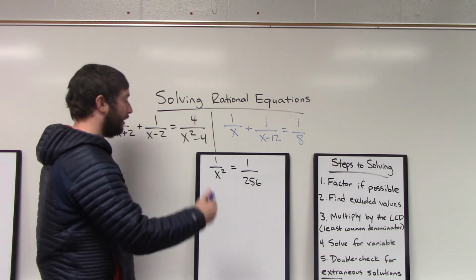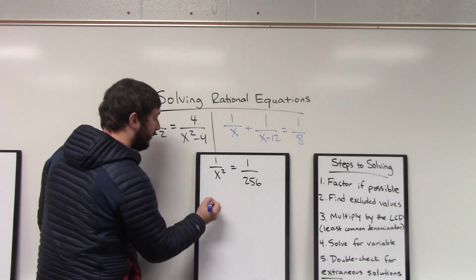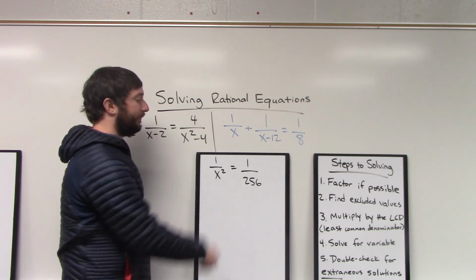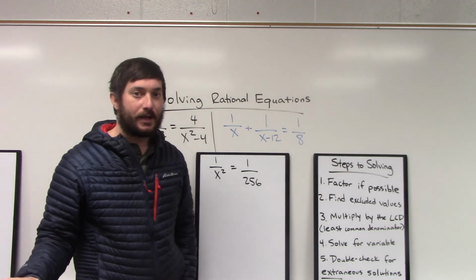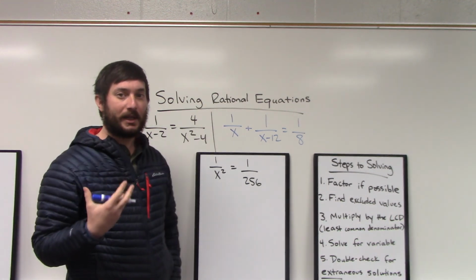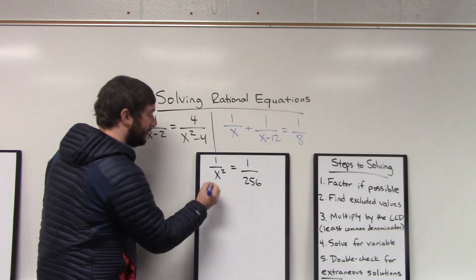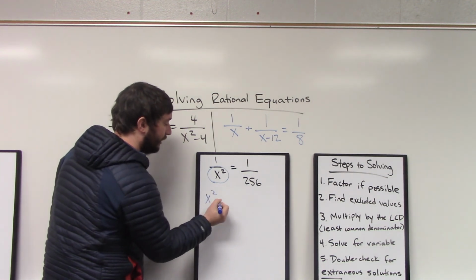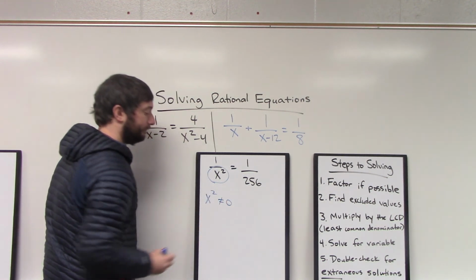Remember from our previous video that we can never divide by a 0. Now, I already know that 256 is not equal to 0. I don't need to worry about that, but I do need to worry about when a variable shows up in my denominator. That means this denominator here, x squared, cannot equal 0.